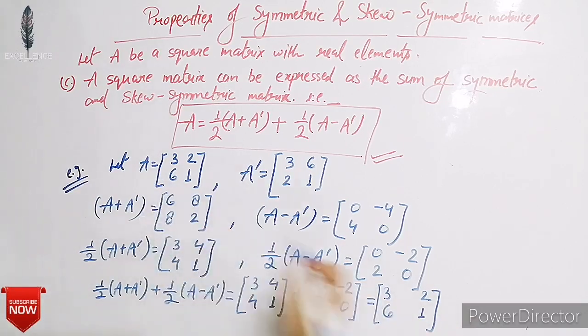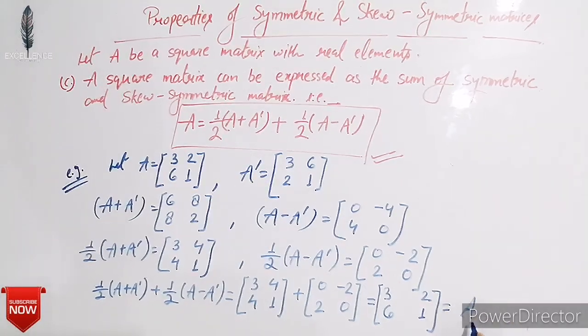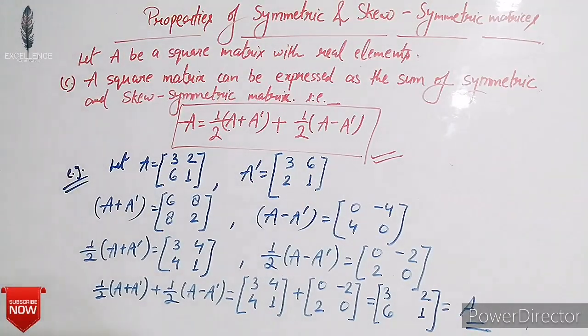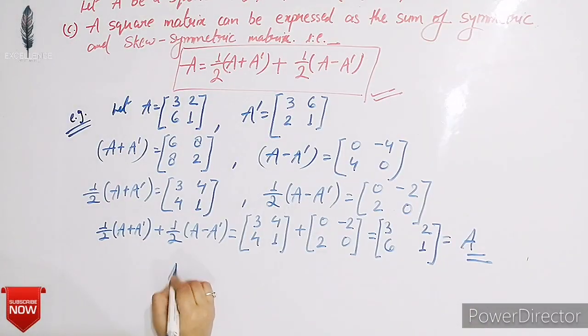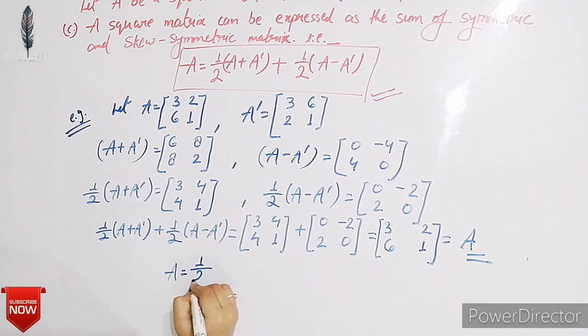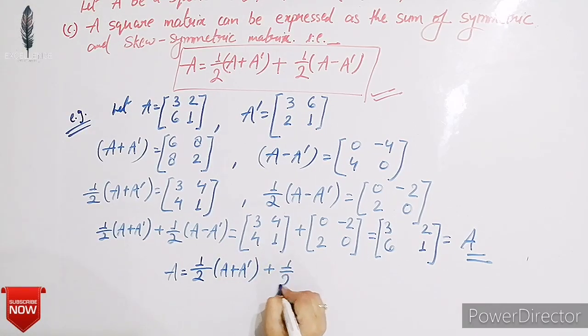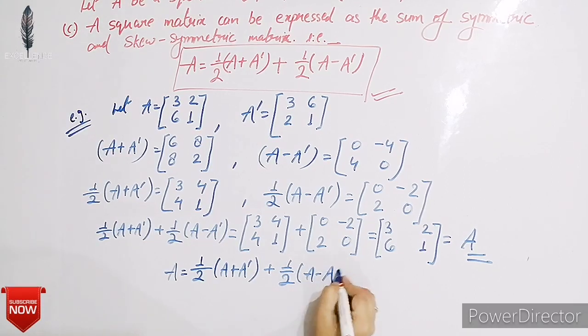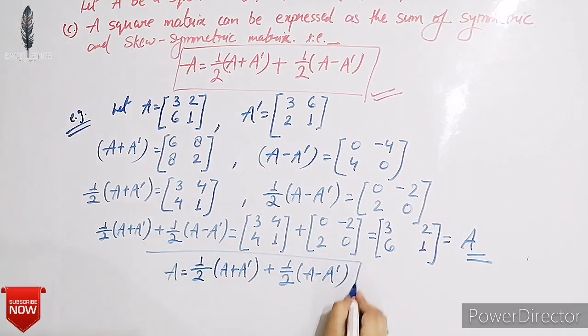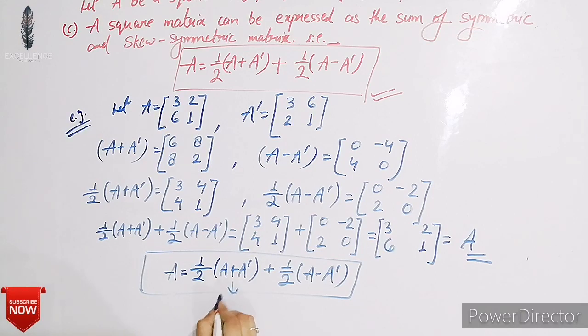It is equal to A. Clear? So we can see that A equals half of A plus A dash plus half of A minus A dash. A can be expressed as the sum of a symmetric and a skew symmetric matrix, where A plus A dash is symmetric and A minus A dash is skew symmetric. Okay, clear?